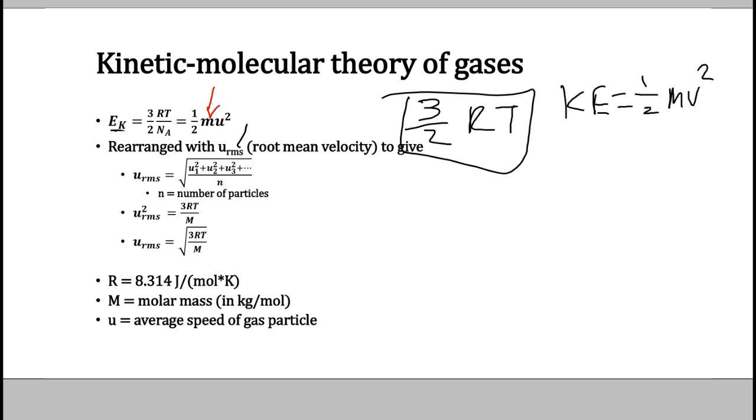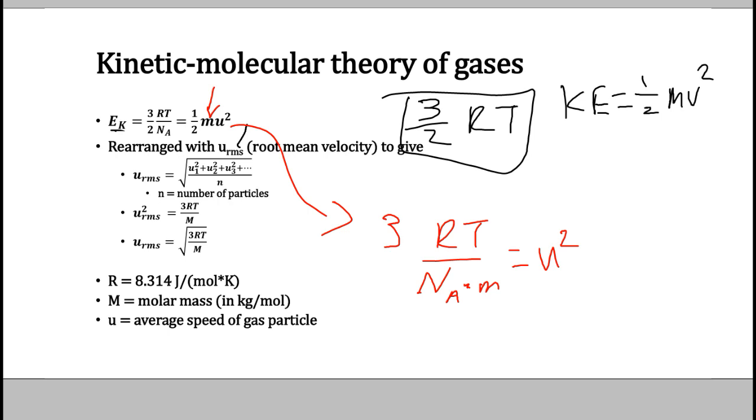Well, if we start to rearrange this term right here, and we are trying to solve for U squared, we'd multiply both sides by 2, so we'd end up with 3RT over Avogadro's number times the mass of a single molecule equals the square of the root mean square speed.